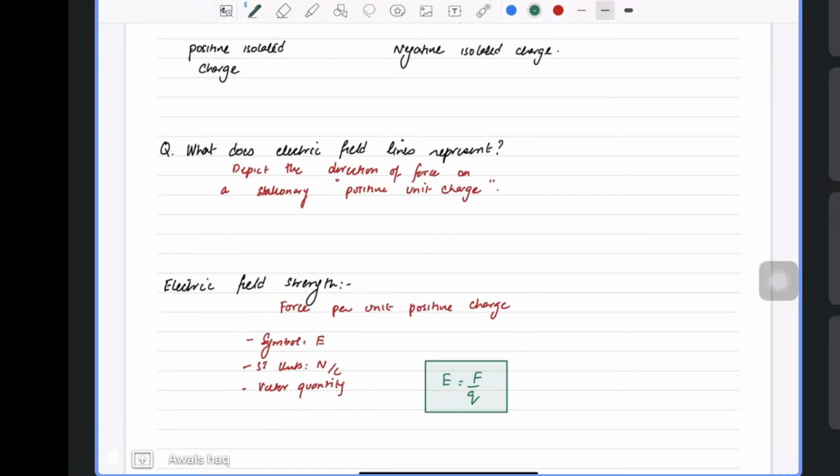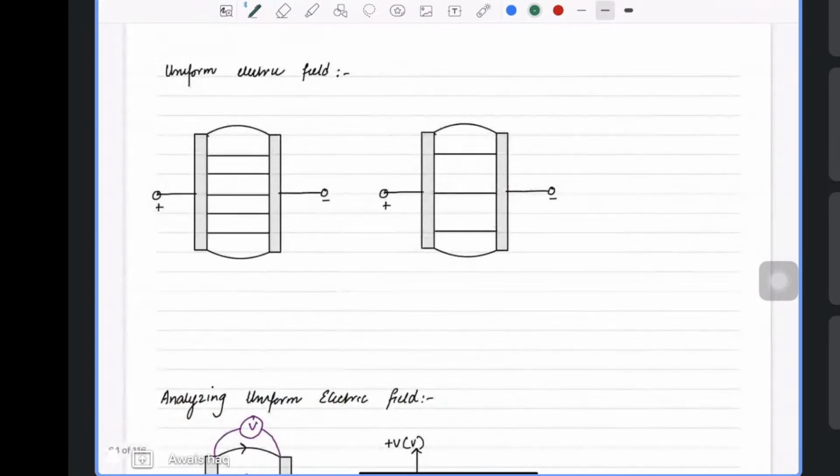Okay, so now we have the uniform electric field. Uniform electric field is basically like, again, you should remember that if it's between two parallel plates and one is positive, let's suppose one is negative, then the field will go from positive to negative.